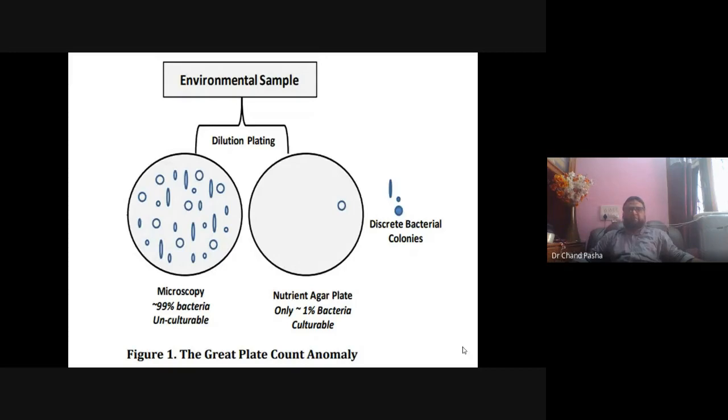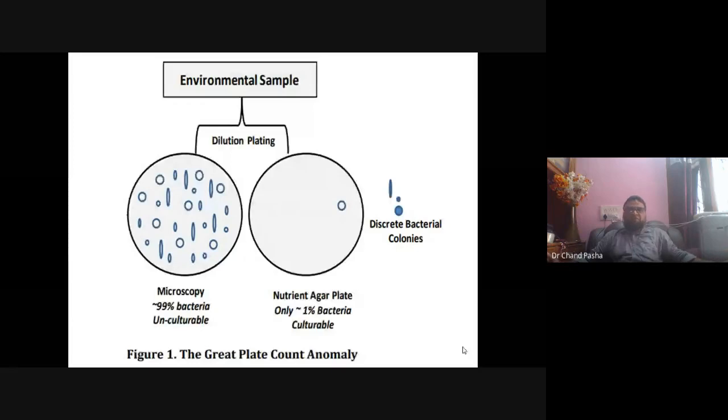This difference in population means that from whatever environmental sample you have got, 99% of the bacteria are not able to grow and 1% are able to grow in the culture media. This is called the Great Plate Count anomaly.